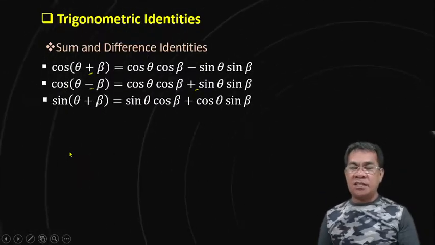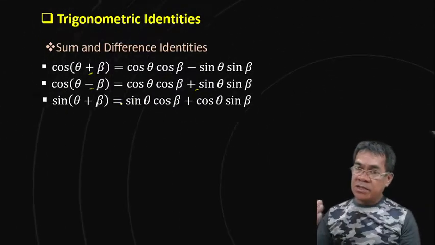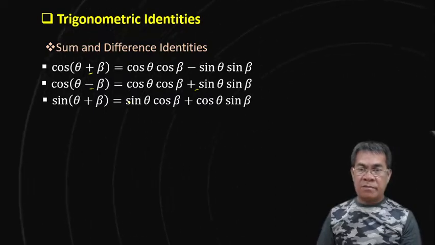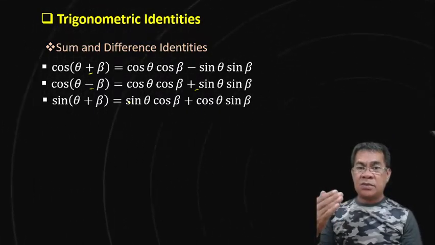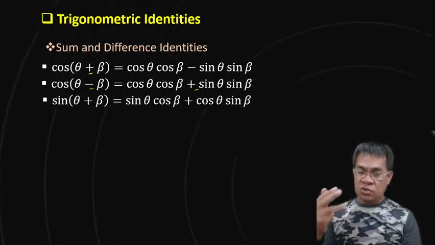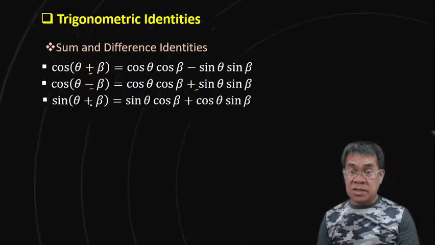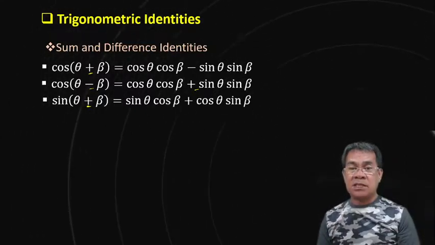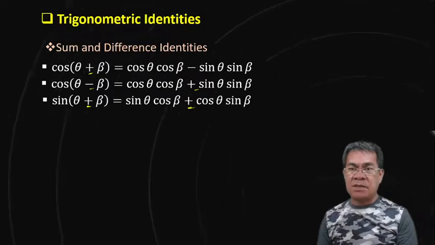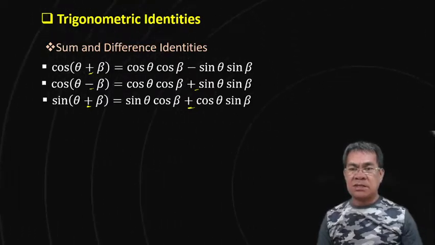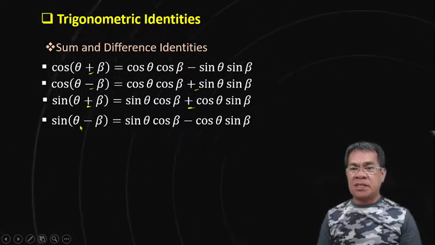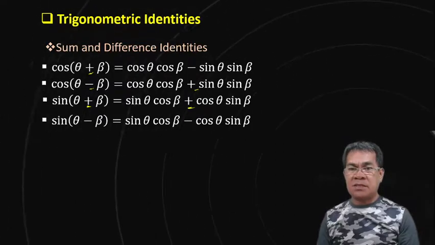Now for the sine identity, take note of the keyword or memory guide: sin, cos, cos, sin. For the cosine, it is cos cos, sin sin. But take note that if this is plus, this is also plus, unlike with the cosine, where plus gives minus and minus gives plus. So the difference identity of sine must be what? Sin cos, cos sin.